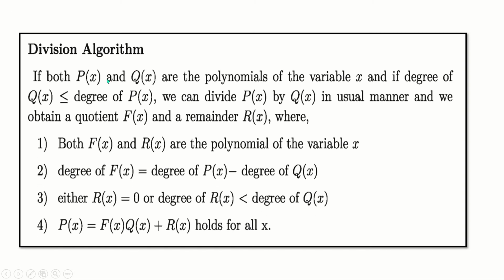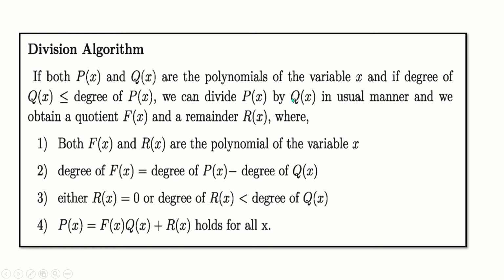Division algorithm. p of x and q of x are two polynomials of the variable x, and the degree of q of x is less than that of p of x. We can divide p of x by q of x in the usual manner, and we obtain a quotient f of x and remainder r of x.